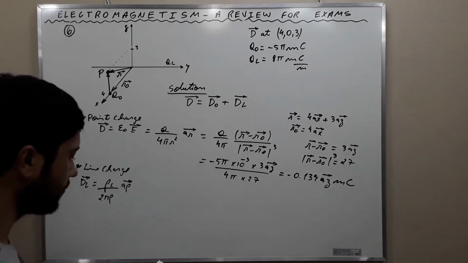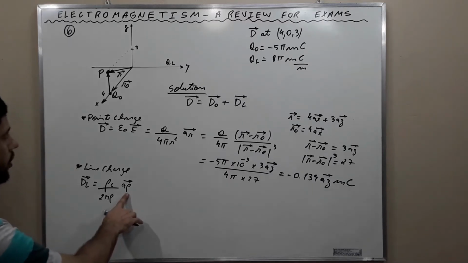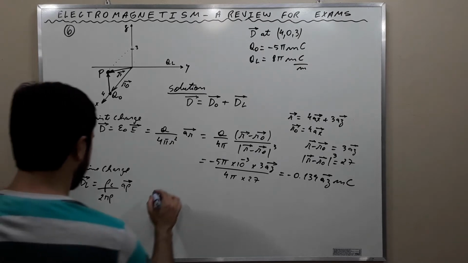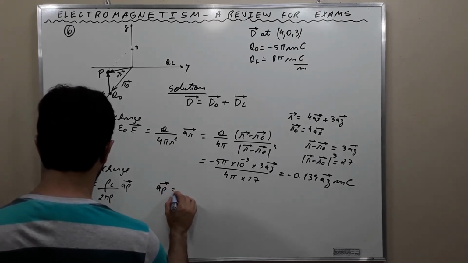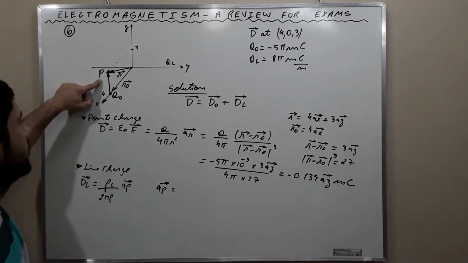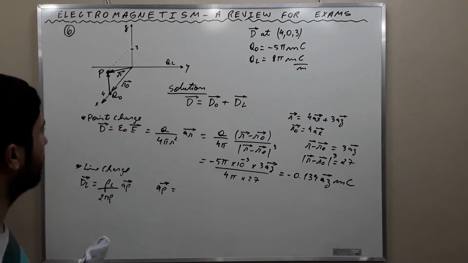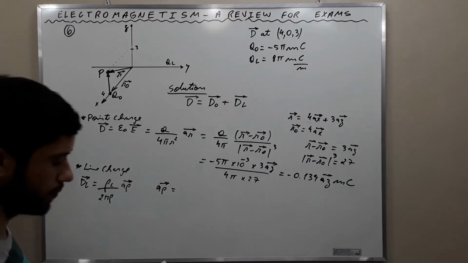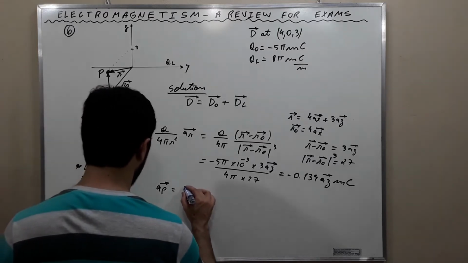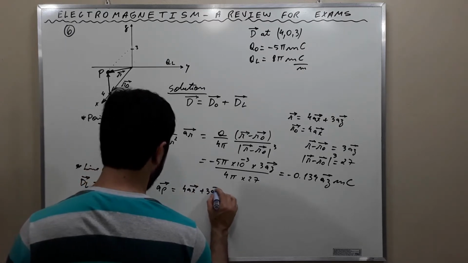And a rho, which is a unit vector, is going to be the vector that positions the point minus the vector that positions the charge, which is going to be 4ax plus 3az.